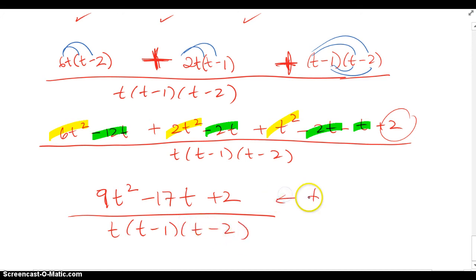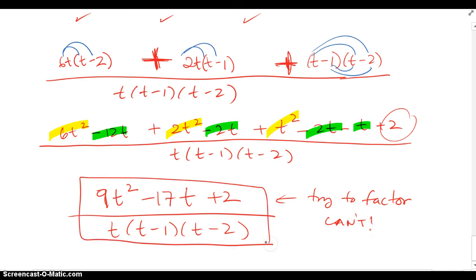And then we're going to try to factor the top to see if any cancellation happens. And in analyzing it on the side, we actually figure out that we can't factor this, so this is as far as we can go with this problem. Even if I try the wow method, I'm not going to be able to get a product of 18, it looks like, and a sum of negative 17, because both factors will have to be negative.